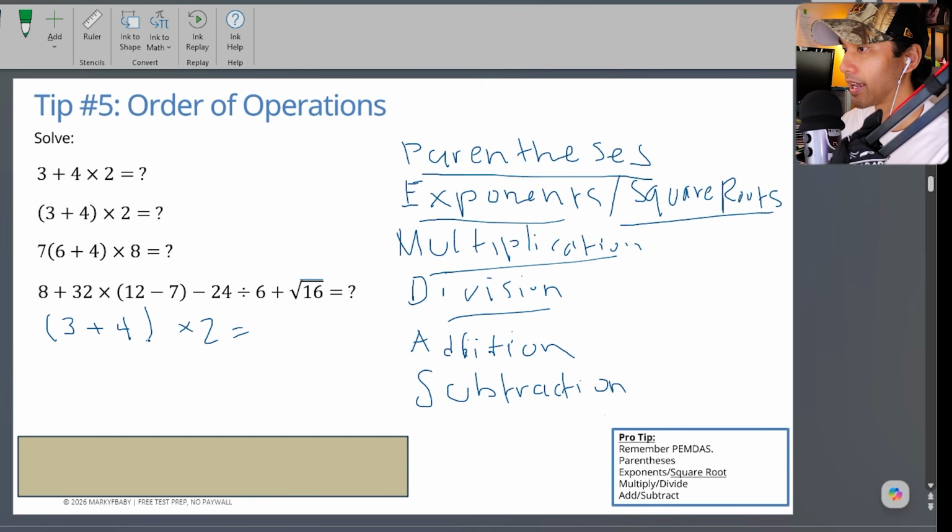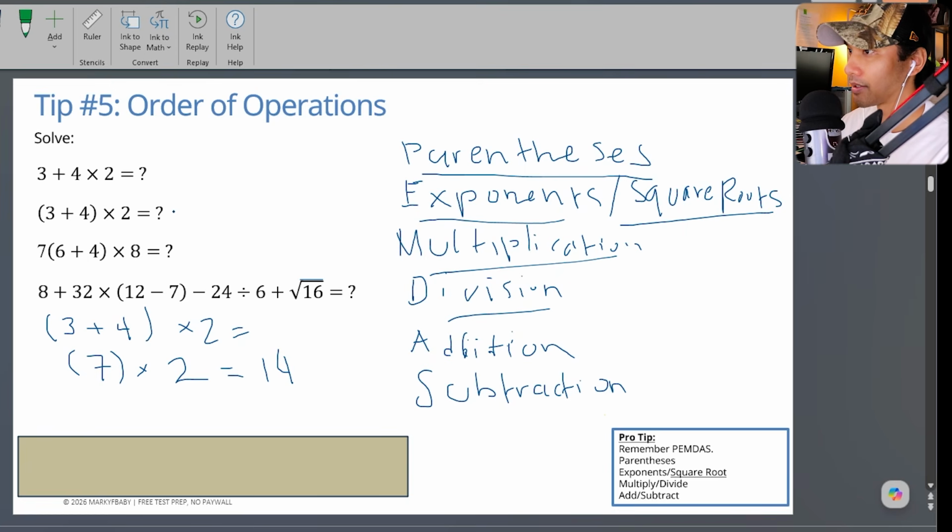But in this case, we have a parentheses. So what is 3 plus 4? That's 7. Okay. And what I like to do is I like to carry this parentheses as I continue the problem. That's just a me thing. Okay. It makes it look neat and it makes me track the parentheses. And there's nothing to do here anymore. So it's just 7 times 2, and that equals 14.